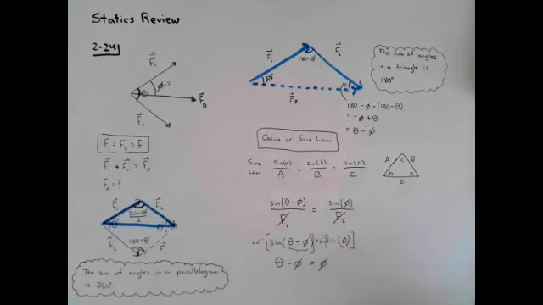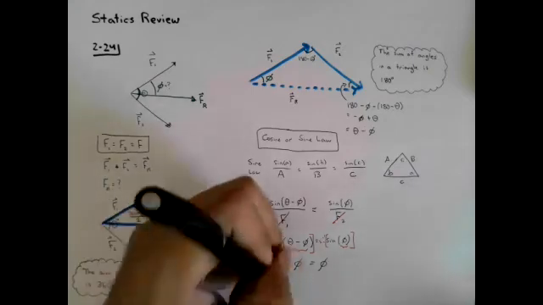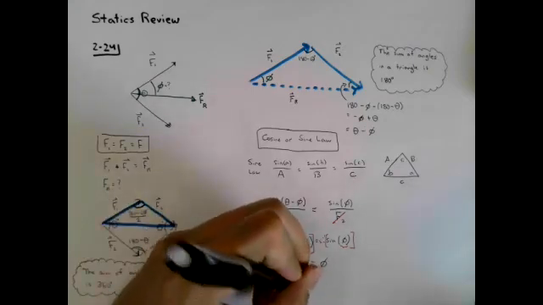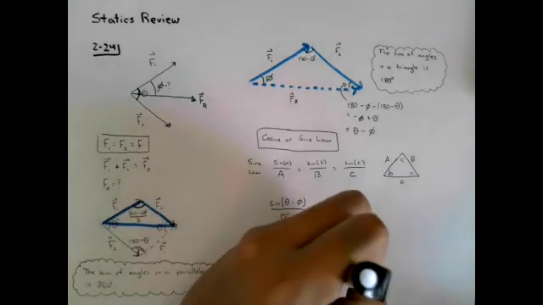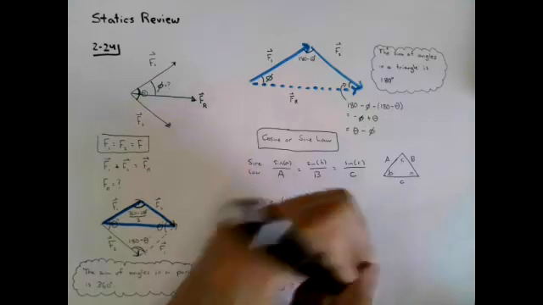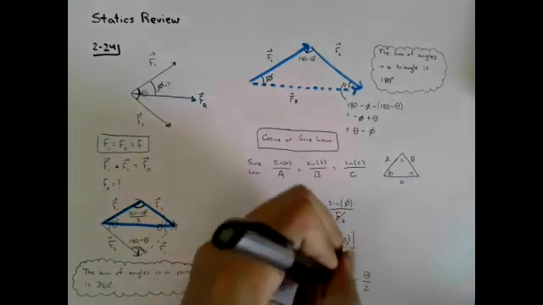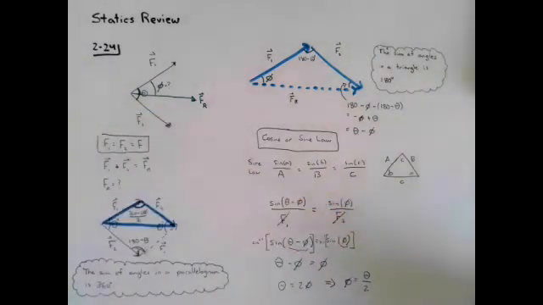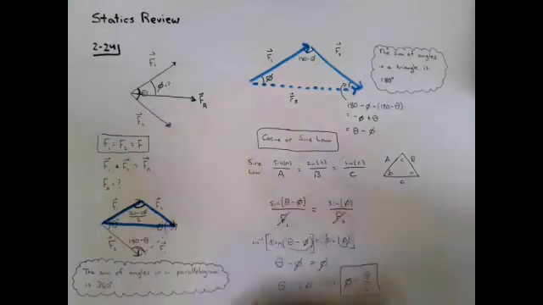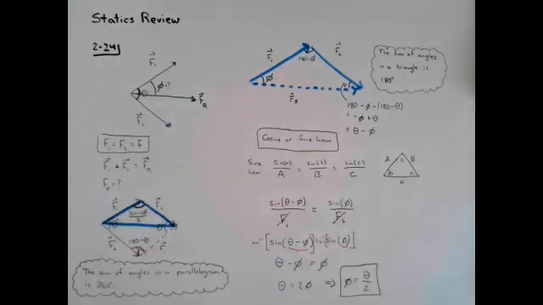And this is going to help us find a relationship of phi with respect to theta, because now I solve for phi and I get that theta equals 2 phi, or from that I can get that phi equals half of theta. So I have an angle phi. That's pretty good. I know that my angle phi is equal to half of my angle theta.